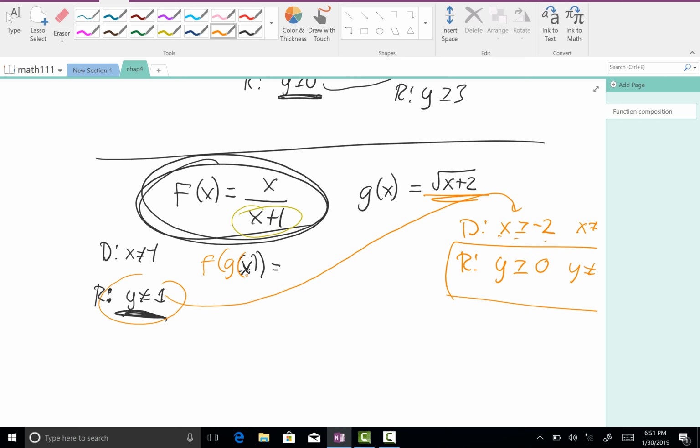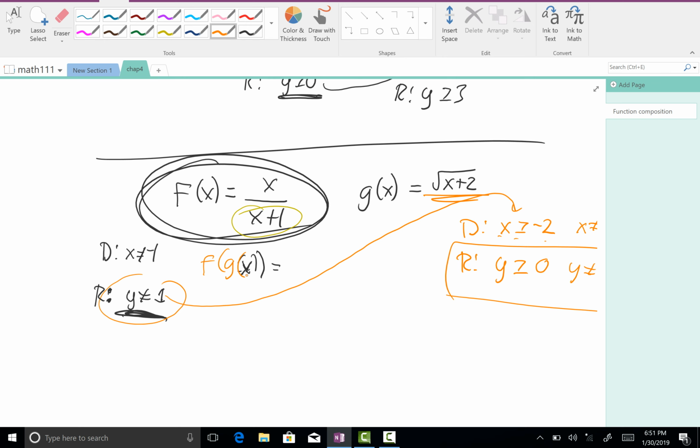So you're taking the g function and putting it into the f. You're taking it out of the g and putting it into the f. So the range of g becomes the input of f.